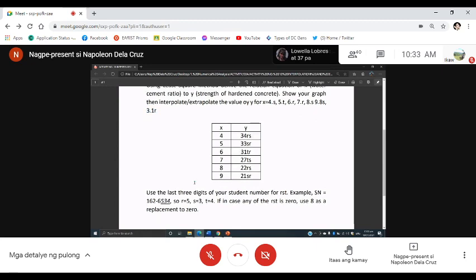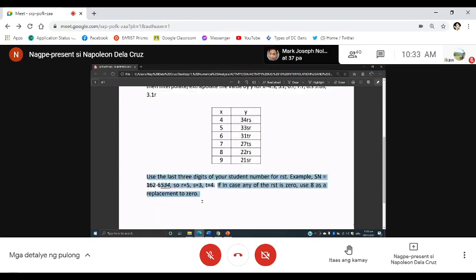Kaya dalawa lang. Reminder with this, if any of your S, R, S, and T will be zero, you change that into 8, no? 8 na lang. Wag nang 0, no? Wala nang value, 0 pa. Okay?